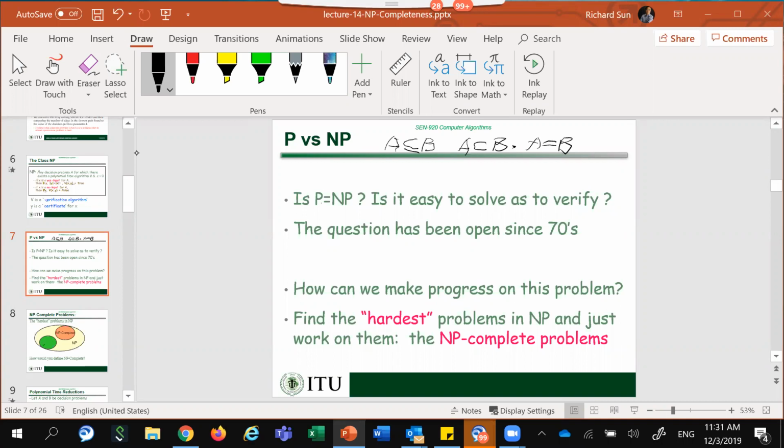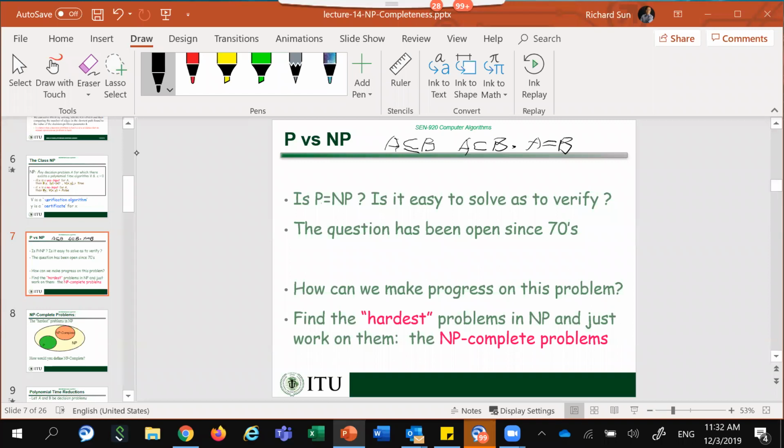Get it? If we can prove the hardest problem in NP is actually in P, then we have already proved that P is equal to NP. So one way or the other, the key here is to bring in the hardest problem in NP and decide whether it is in P or not.